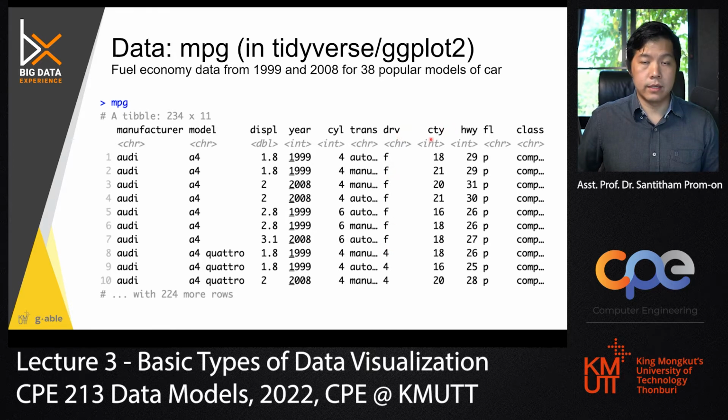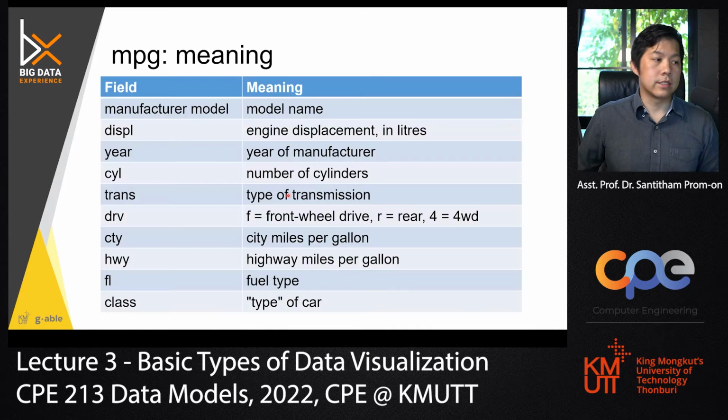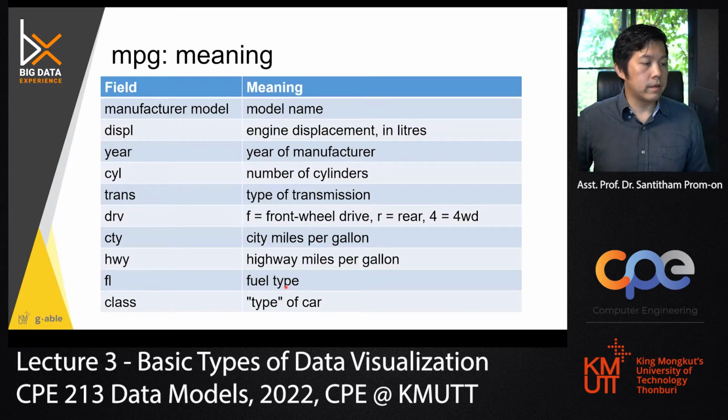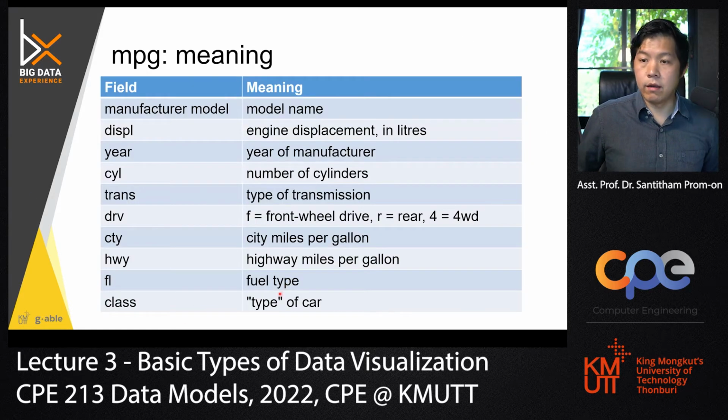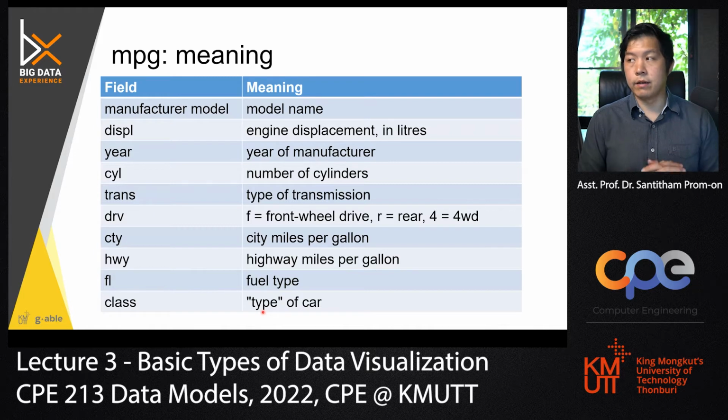City, I think this is the mileage per gallon in city, and mileage per gallon on highway. I don't remember, you can look at this. Okay, I got this explanation. Fuel type, diesel I think, or not, and the class, which is the type of car: minivan, sedan, and others.